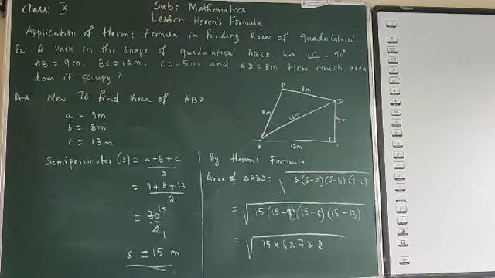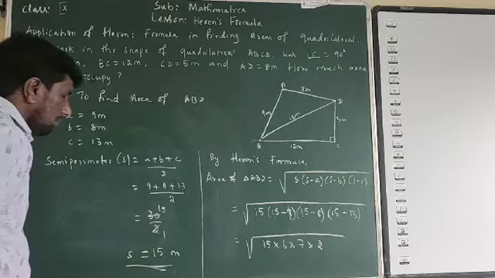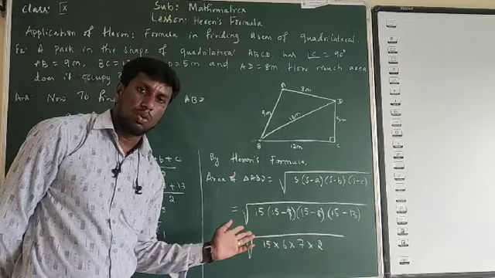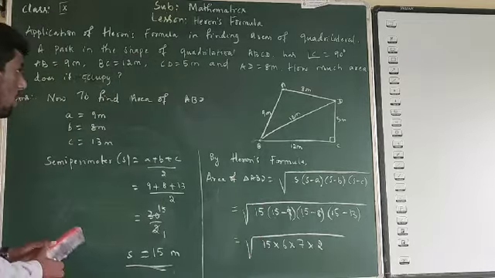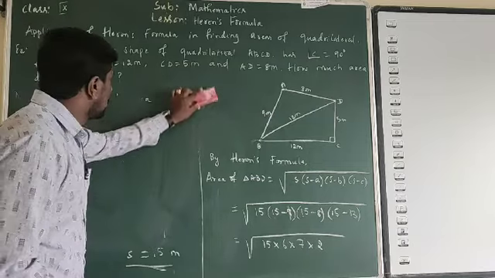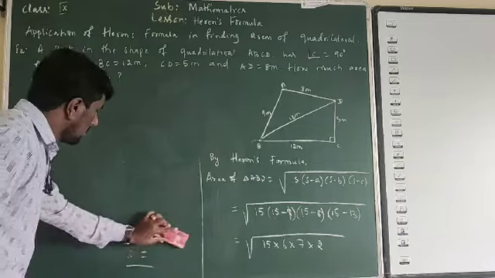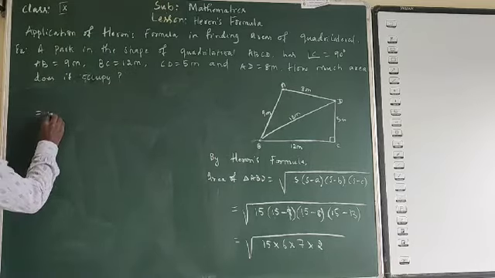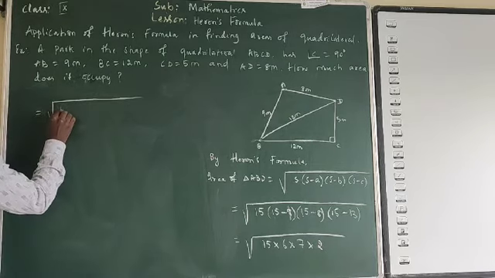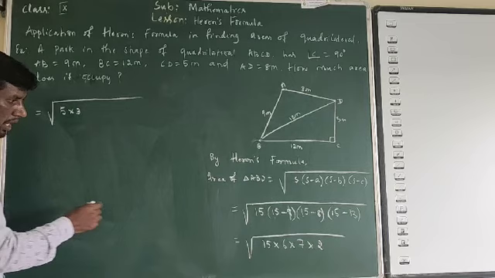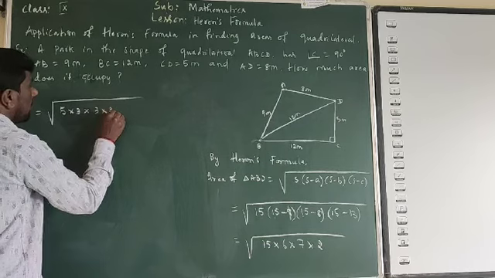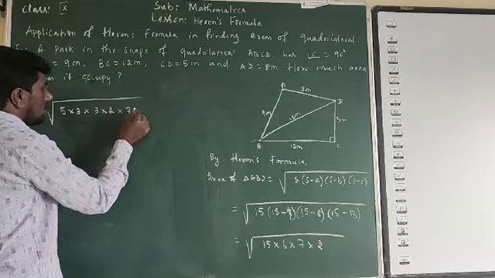Correct? 15 into 6 into 7 into 2. We will try to express in terms of multiplication of two values, then one value I can take out of the box, and then out of the square root. We'll continue that. In the square root, 15 I will write as 5 into 3, then 6 I will write as 3 into 2, then 7 as it is, then 2.